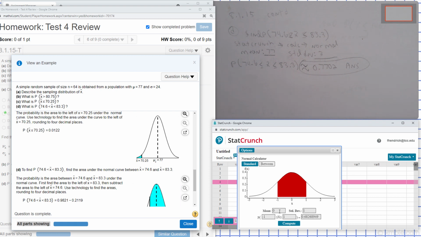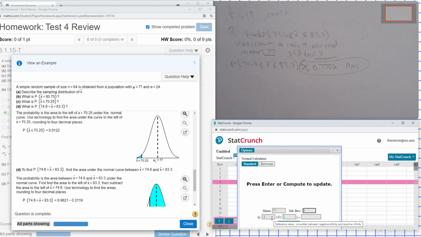I have my mean here, and my standard deviation is 3, and my values are between 74.6 and 83.3.